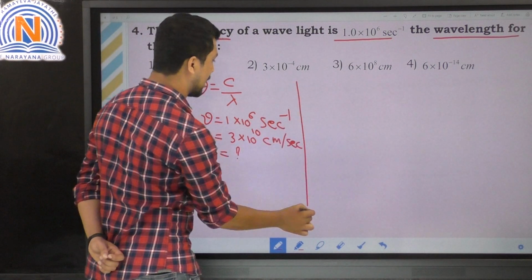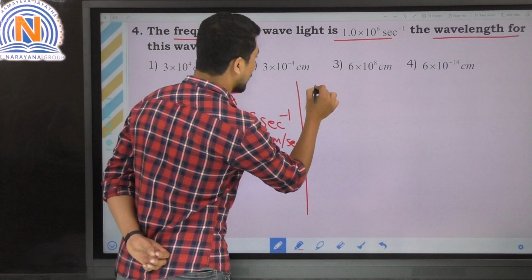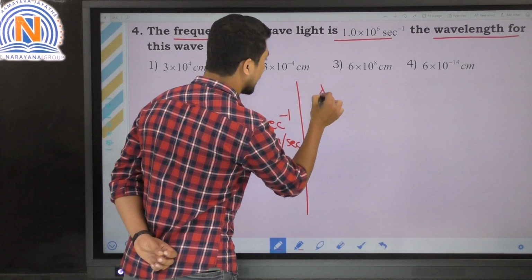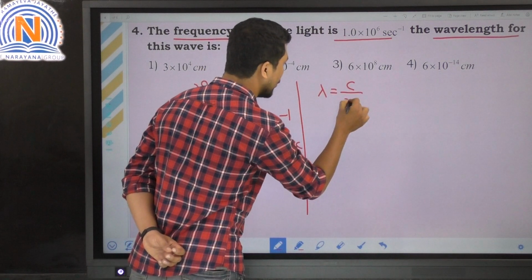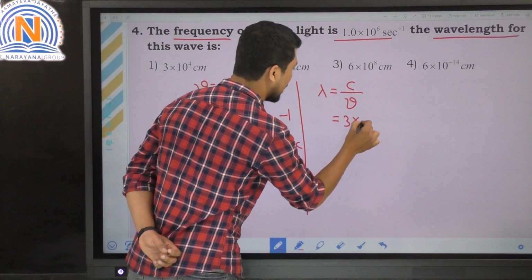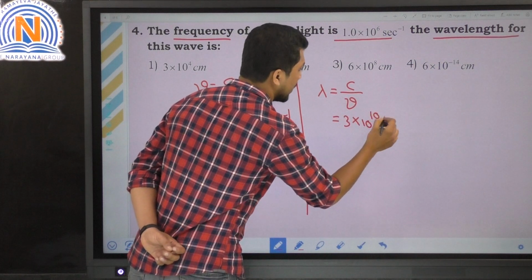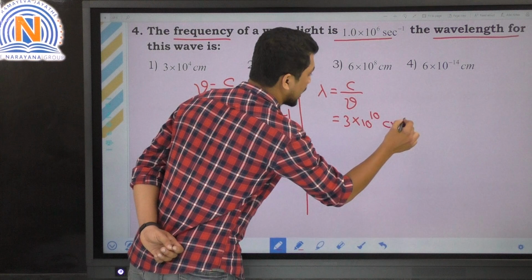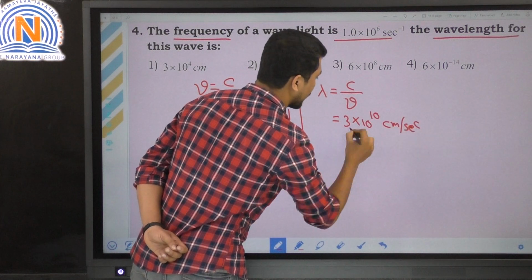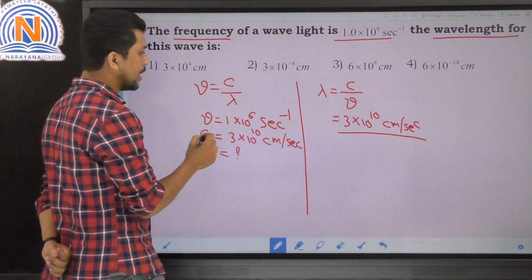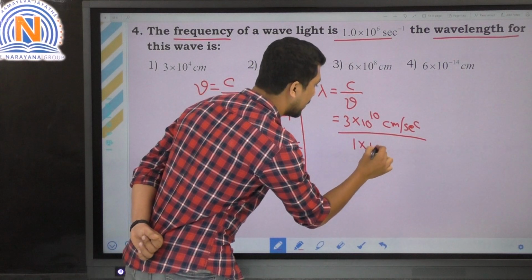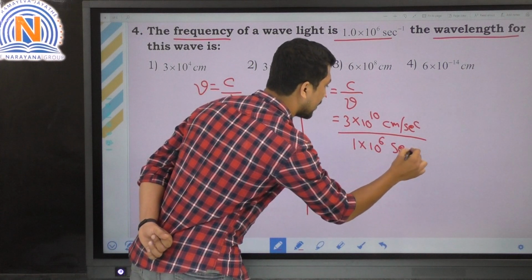Substitute these values in the formula. Nu equal to c by lambda, then lambda equal to c by nu, which is equal to 3 into 10 power 10 centimeter per second, whole by the nu value, 1 into 10 power 6 second inverse.